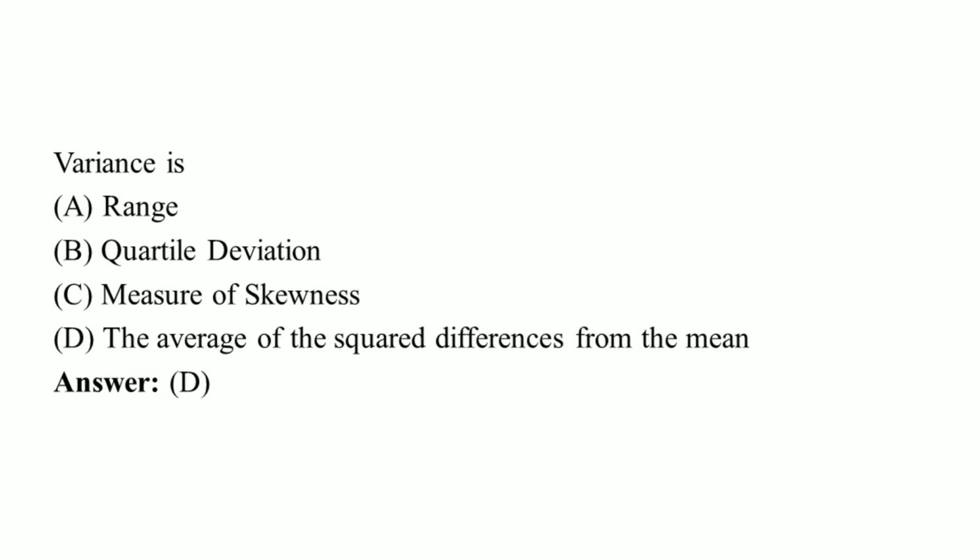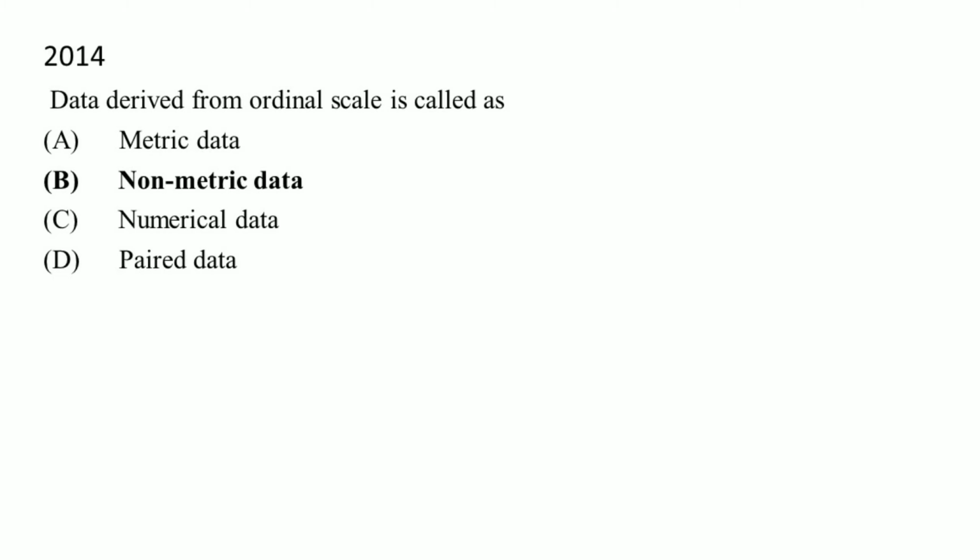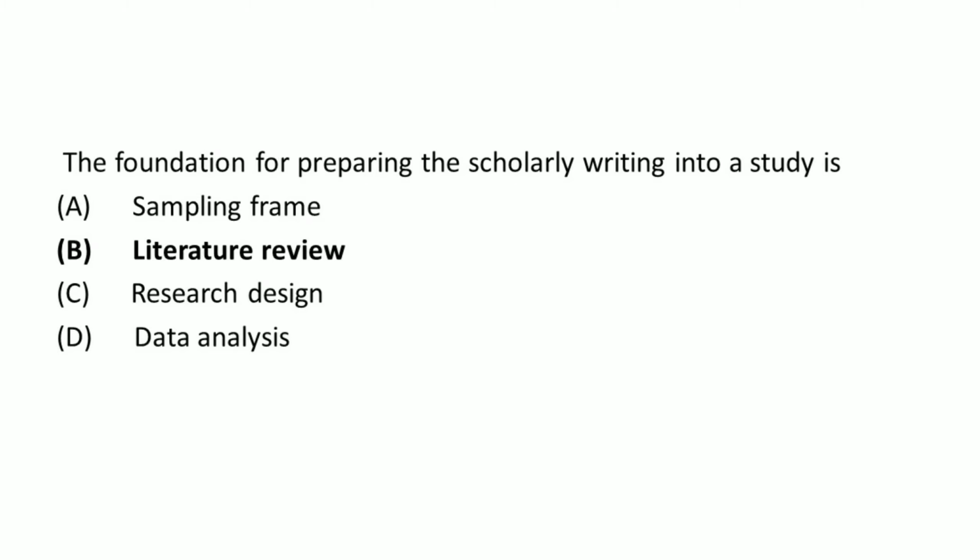So the right answer is option D. Next one, case study is the form of, right answer option B, qualitative analysis. Next questions are from 2014 UGC NET examination. Data derived from ordinal scale is called as, right answer option B, non-metric data. Next question, the foundation for preparing the scholarly writing into a study is, right answer option B, literature review.